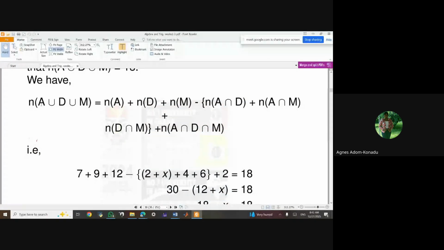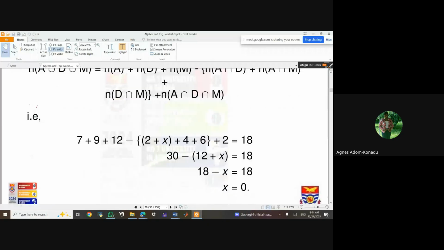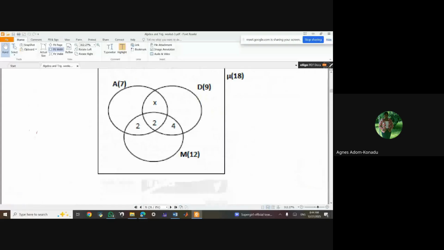So the number of members in A union D union M is the number of members in A plus the number of members in D plus the number of members in M minus the intersections. So we're going to get 7 plus 9 plus 12 minus, in brackets, 2 plus x, 2 plus 2, which is 4, 2 plus 6. So we have the whole of this set plus the whole of this set plus the whole of this set, then minus the intersection.